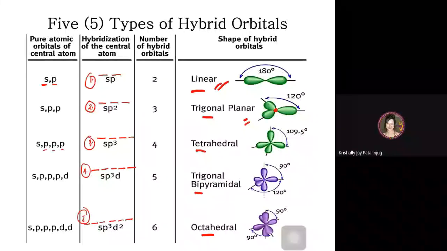Tetrahedral arrangement, as long as 4 yung surrounding na electron groups for that central atom, naka-sp3 hybridized yan. Trigonal bipyramidal, kapag 5 yung electron groups surrounding that central atom, naka-sp3d hybridized yung central atom.